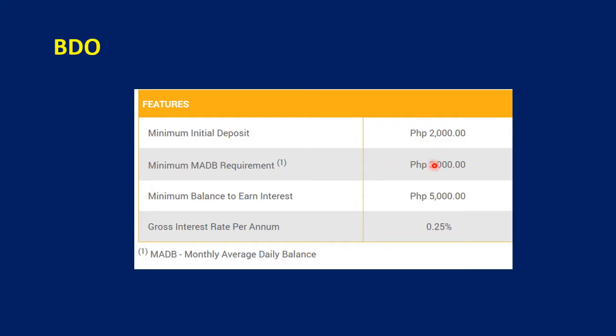It's just saying that if you fall below the monthly average daily balance, then the bank will deduct money from you, for example 250 pesos. And the minimum balance to earn interest is 5,000 pesos. So again, it's self-explanatory. If your balance is less than 5,000, the 0.25% interest cannot be applied to you.